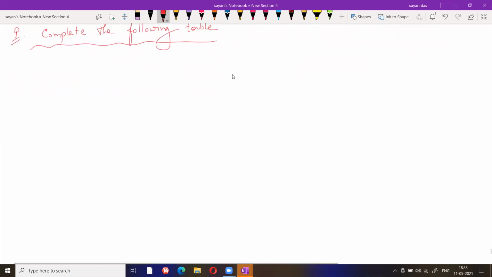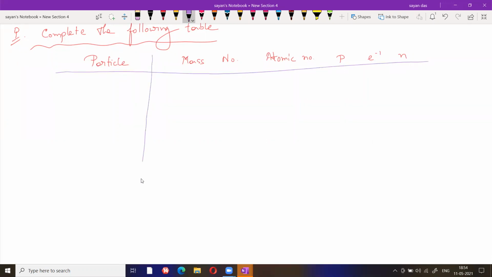Okay, first is the particle, next mass number, then atomic number, then proton, electron, and last of all neutron. All this stuff is given.